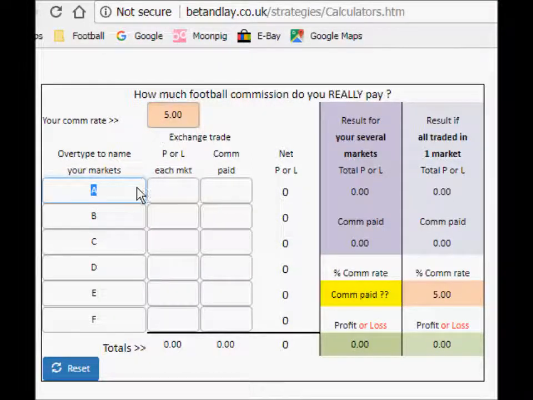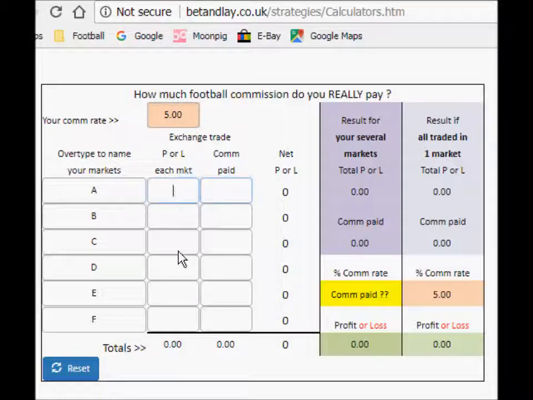Now down here we've got where you can enter up to 6 different markets and your profit and loss in each of those markets and the commission that you paid. So you can get this information either off your Betfair statement, or if you want to plan ahead a strategy that you might be considering, you can put some fictitious profits and commissions in there.